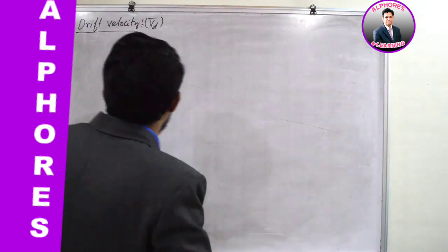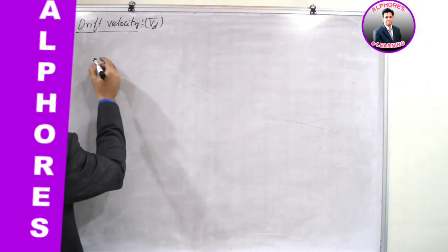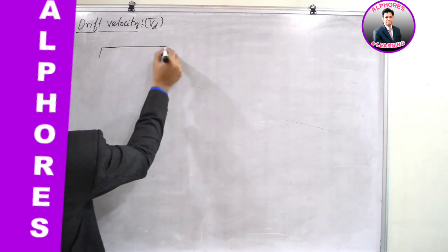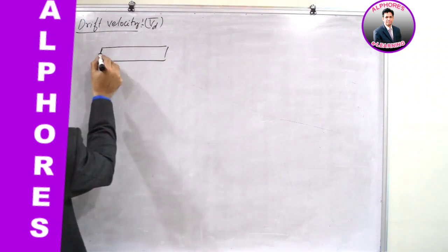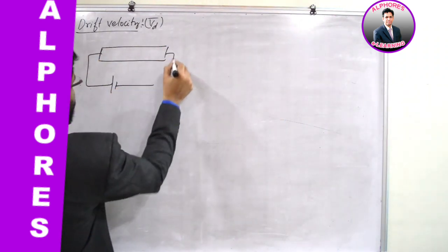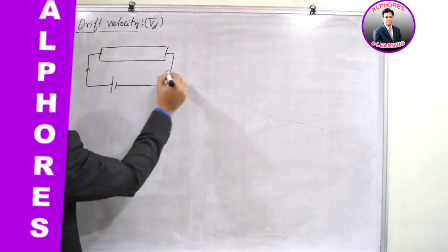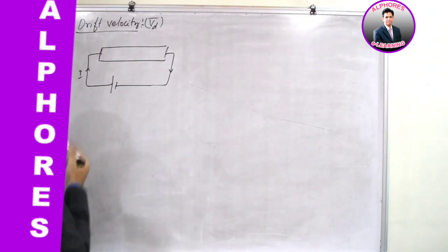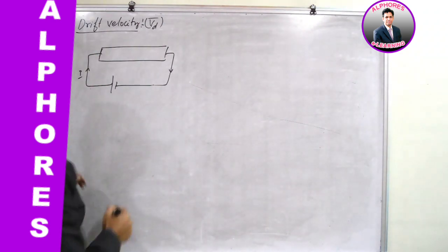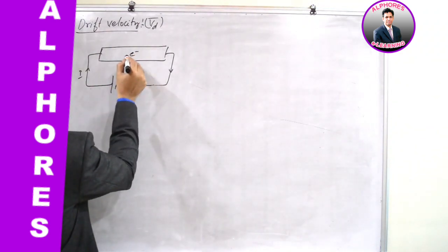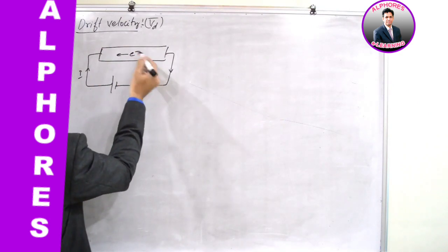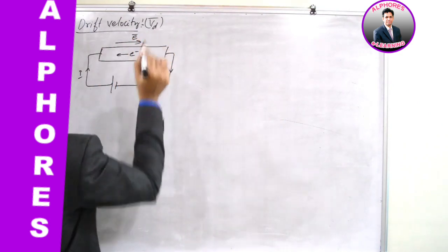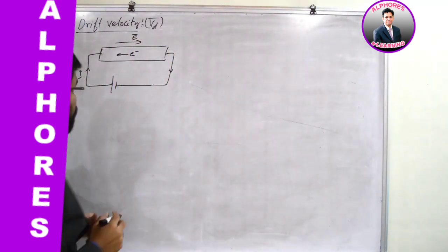Okay. So I'll consider a conductor something like this. Let us say it is connected to a battery. Current will flow in this direction. Let us say there is a current I, though we don't need this parameter in the present derivation. Let us say an electron is here and it is moving opposite to the applied electric field.